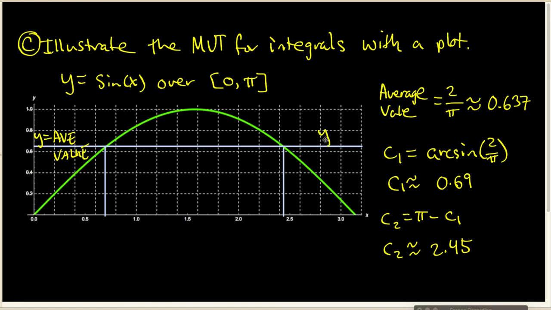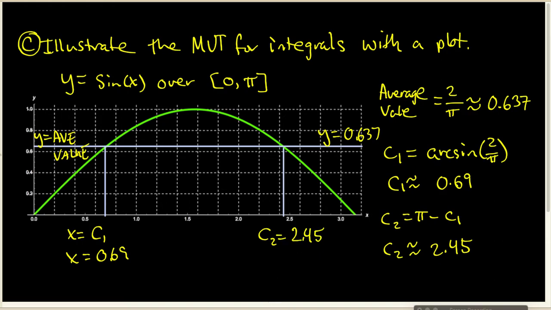In other words, y is equal to 0.637. This one is our first C value. X is equal to roughly 0.69. This one here is our second C value. C is equal to roughly 2.45.